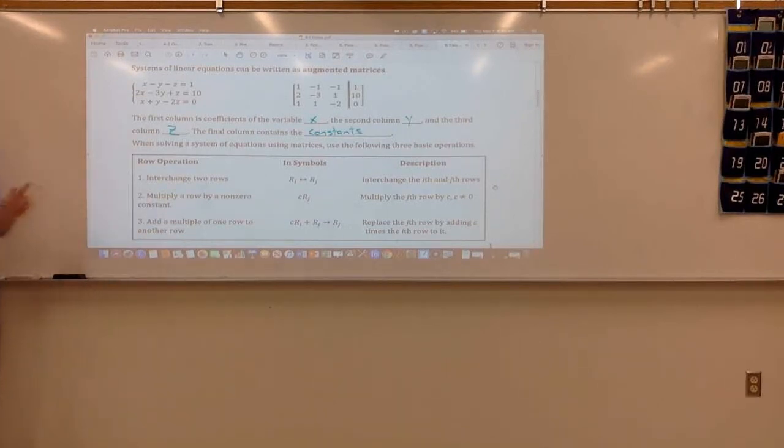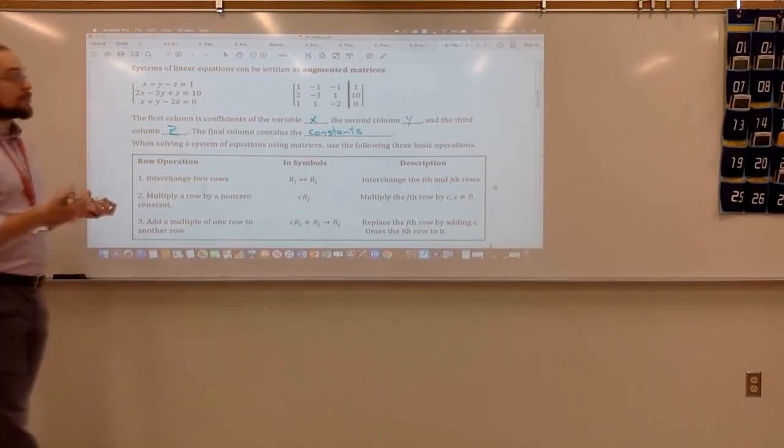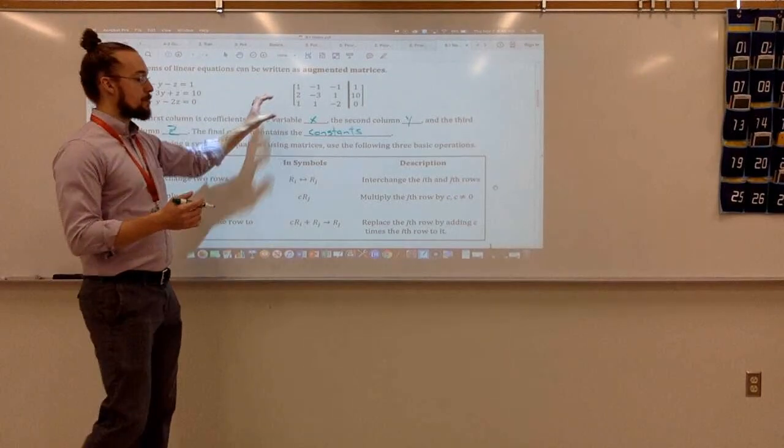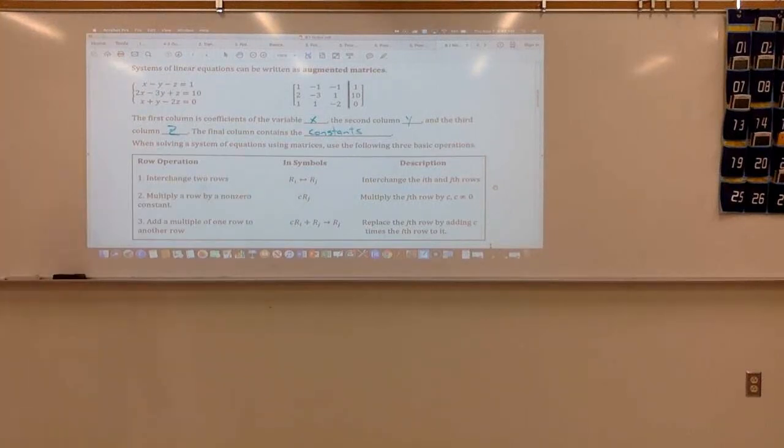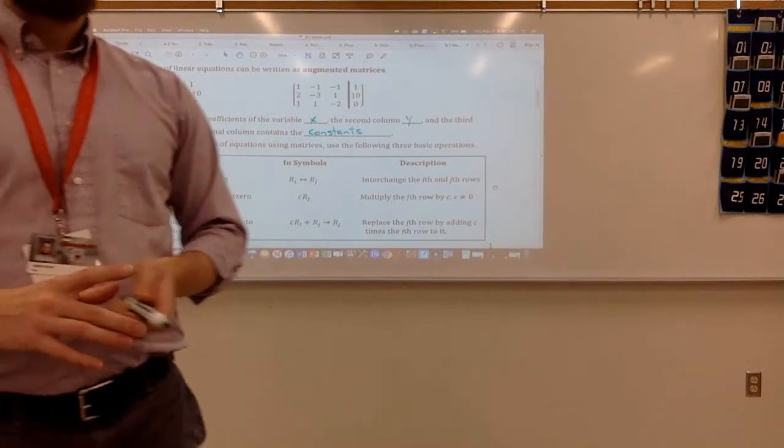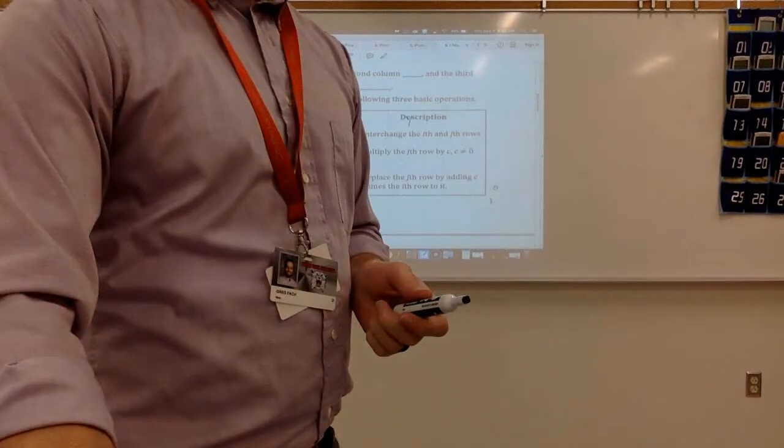I can interchange two rows. I can multiply a row by some constant. And I can add a multiple of one row to another row, just like we did with the equations. We multiplied equations by constants and added them together to try to cancel out variables. So this is very similar to what we did in the last chapter.